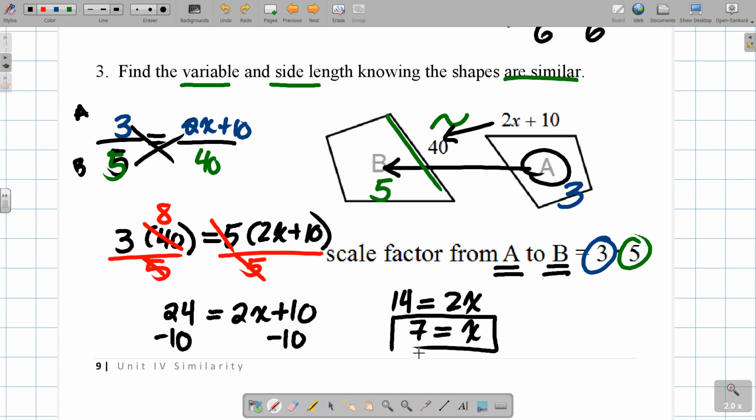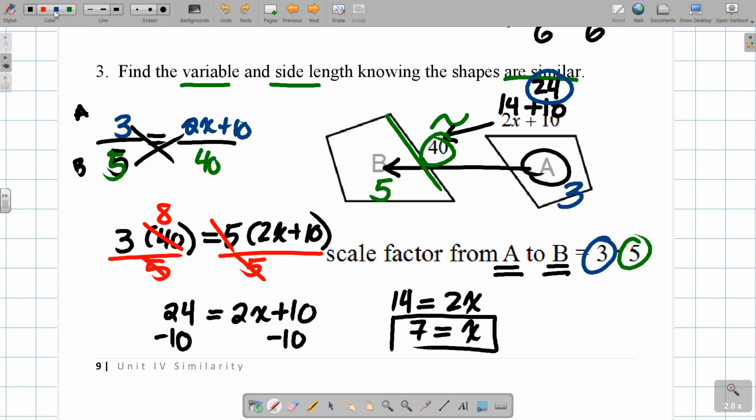Now, what's really nice is you can test every single one of these. So, 2 times 7 is 14, plus 10 is 24. Now, we check our ratios. Remember, we're going from left to right, right to left. So, I have 24 to 40.